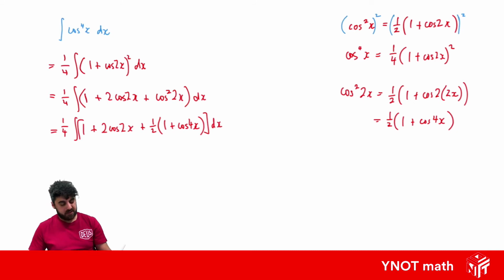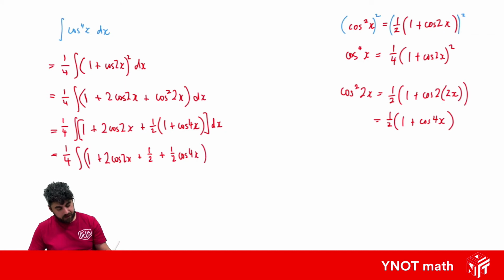So let's go ahead and expand our brackets. So we've got the quarter integral of 1 plus 2 cos 2x plus a half plus a half cos 4x dx. And now we've turned this into something which we can integrate.